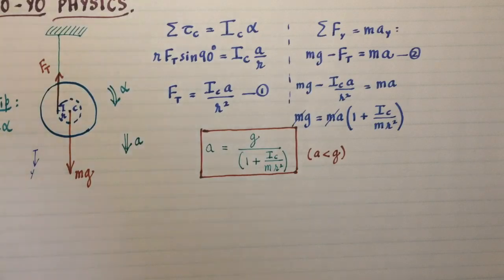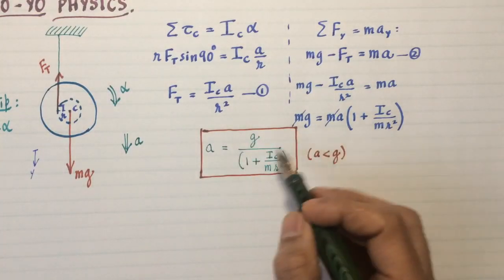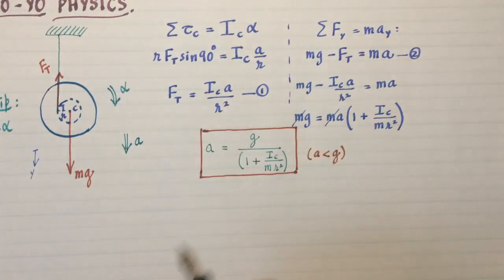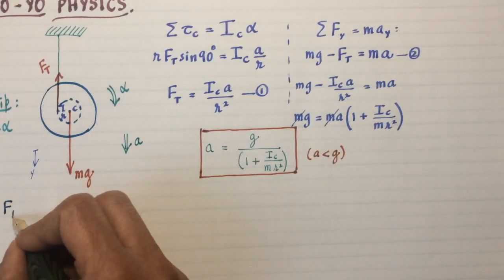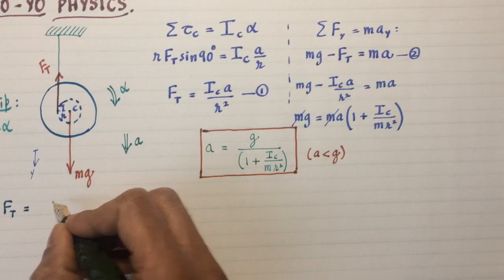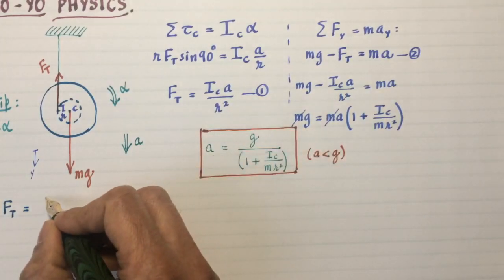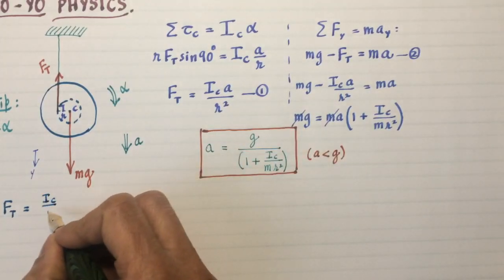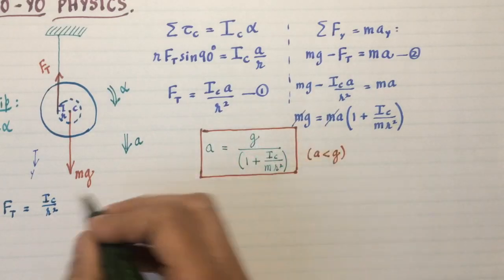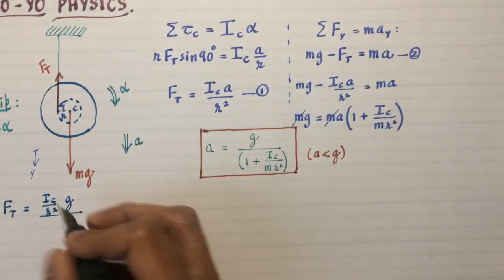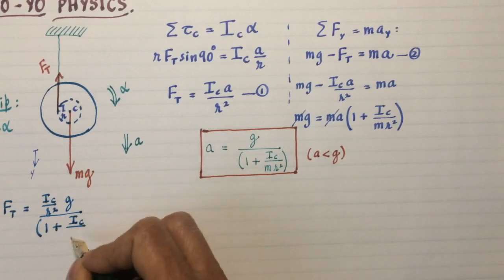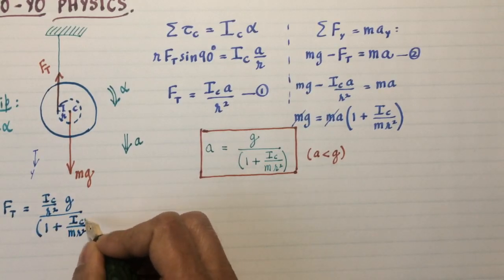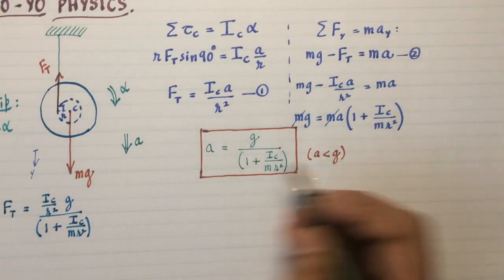So the next thing we can do is to find the tension by substituting it back into the expression for tension. So I get F_t is equal to I_c over r squared times A, which is g divided by 1 plus I_c over m r squared. I'll do the same trick here as I did there.